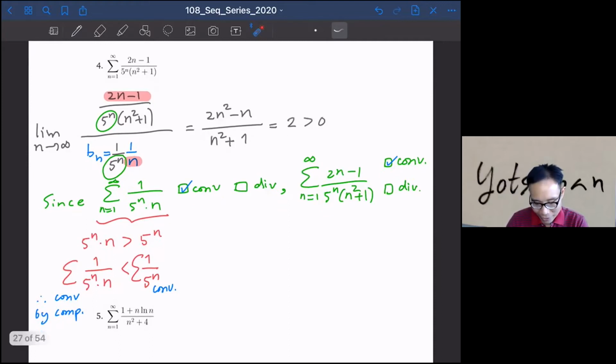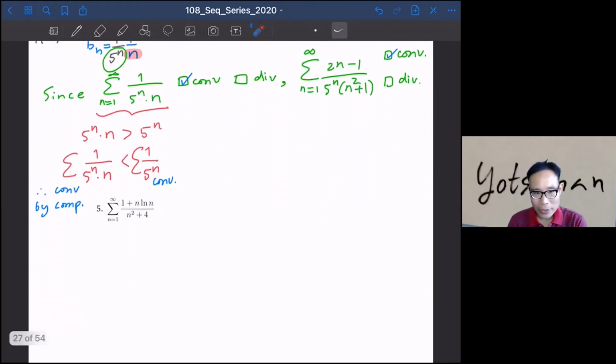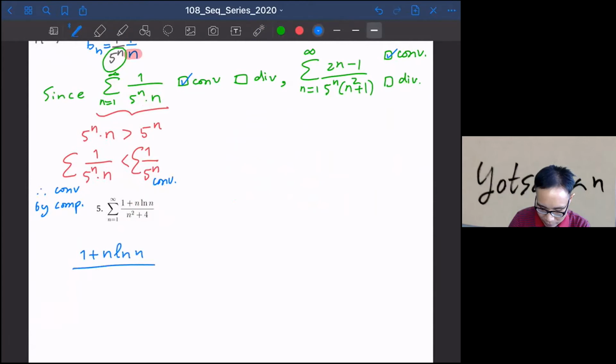The last one, I'm not going to complete for you. However, I'm going to tell you about the trick a little bit. You see that this one looks like a power. You have n squared. If you try to follow the same trick, you're going to see, hey, what could be bn?